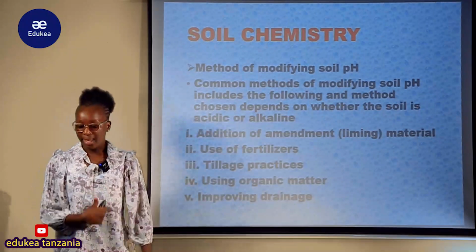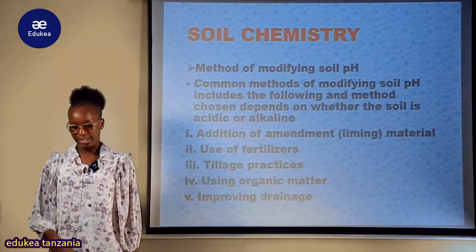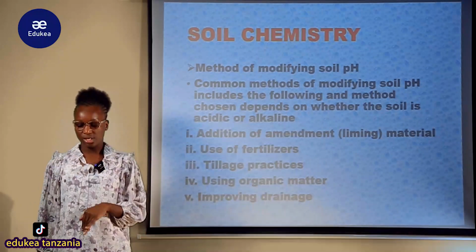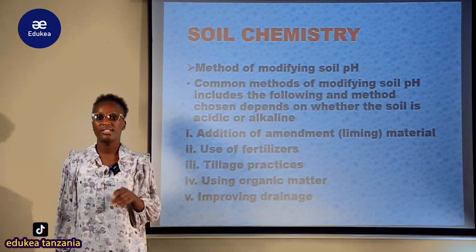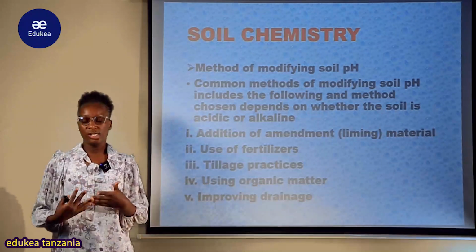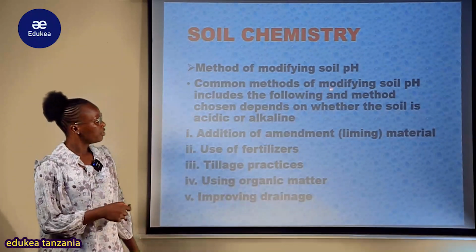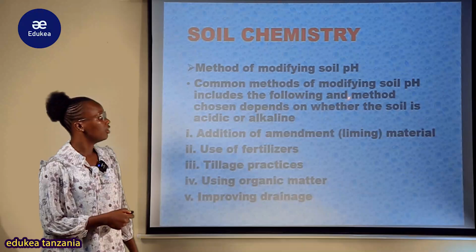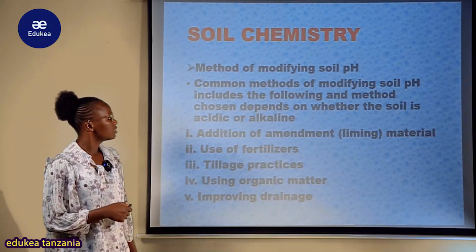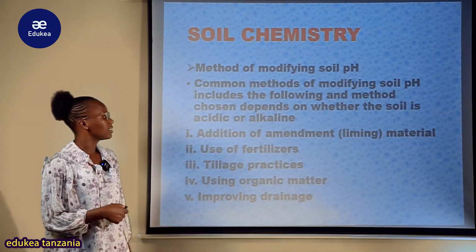Now let us see the methods of modifying soil pH. Kwamba kuna methods mbalimbali ambazo zinatumika kufanya modification au kuadjust au kumanage hii soil pH. Common methods of modifying soil pH include the following. The method chosen depends on whether the soil is acidic or alkaline.